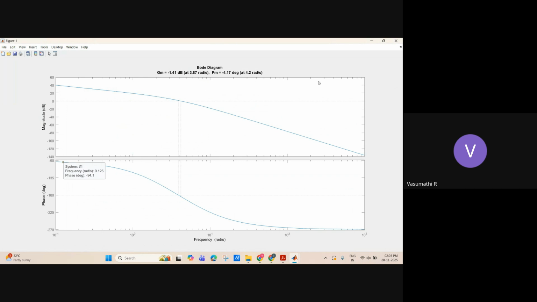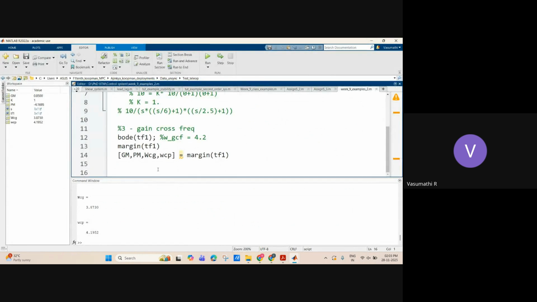But if you want to find it exactly, you can look for the same magnitude here and calculate from that using the alpha. The formula to find that is minus 20 log of 1 by root alpha, SQRT I'm writing, root alpha. In MATLAB, you will write it in terms of SQRT for finding the square root. That will be equal to the magnitude you will be finding.